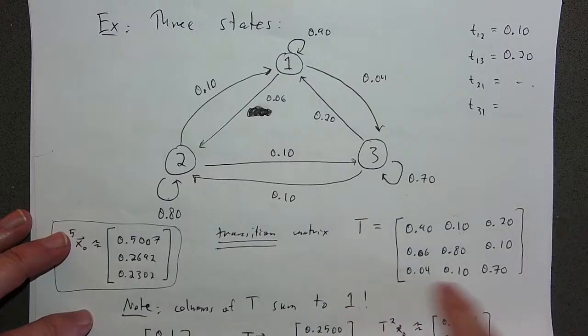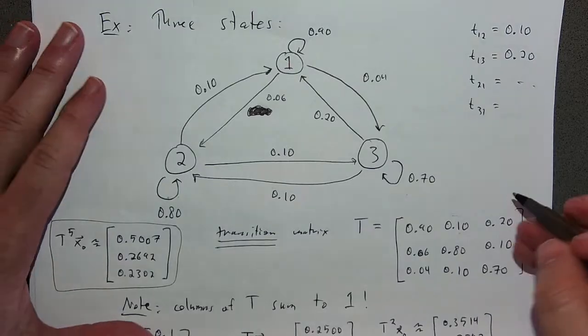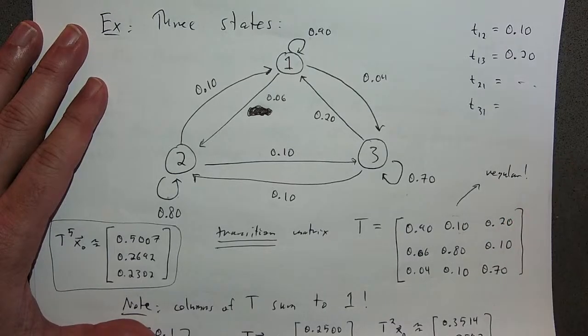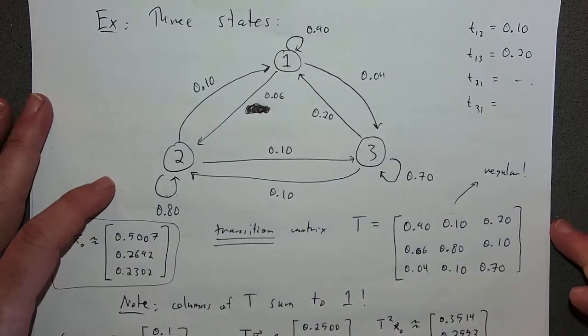So here's our matrix T. We've already noticed this is regular for the simple reason that all of its entries are non-zero, which means that if we choose k equals 1, then we have our positive integer k such that T to the k has no zero entries. So this is regular.